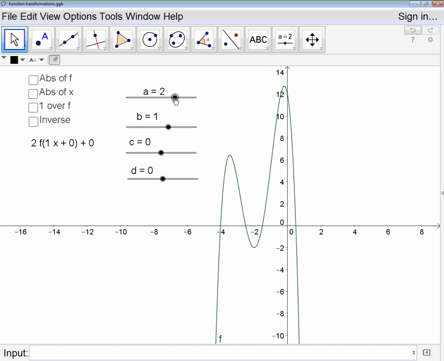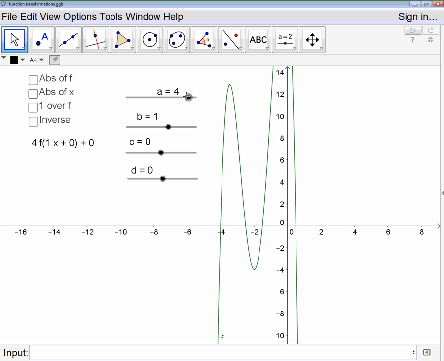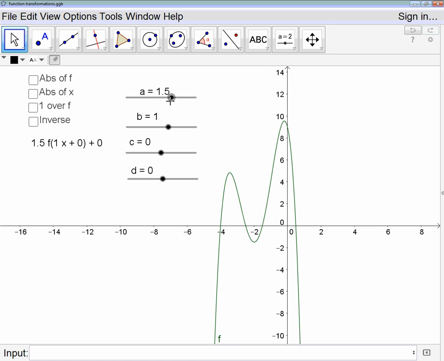But notice one important piece, its roots. The roots didn't change. And that, in a sense, makes sense. Why would the roots not change?